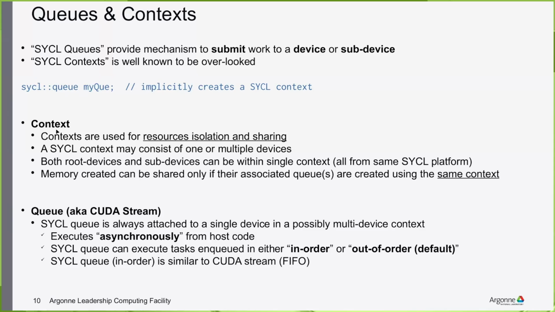CUDA contexts, to start with, are used for resource isolation or sharing, which means using a context, you can share the resources or isolate the resources to a specific device. In simple words, if you have multiple GPUs, you can share a given pointer among all the GPUs via resource sharing, or you could isolate that pointer to a specific GPU and not share it with others.